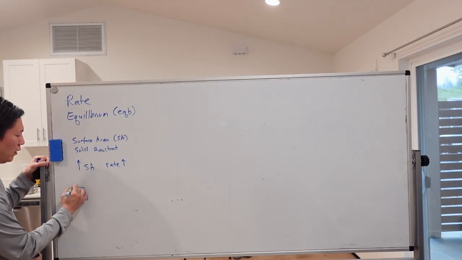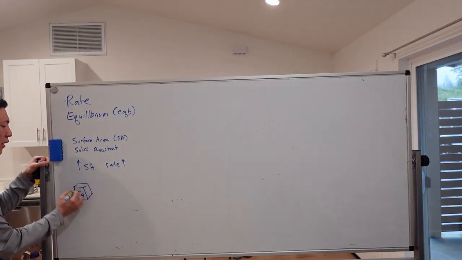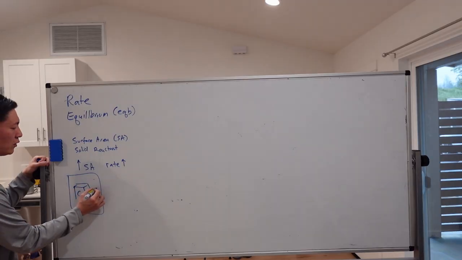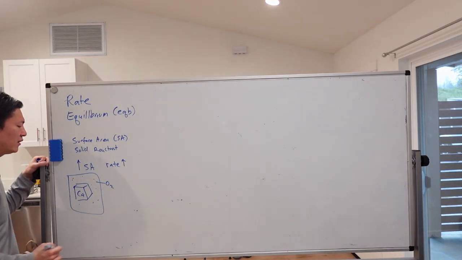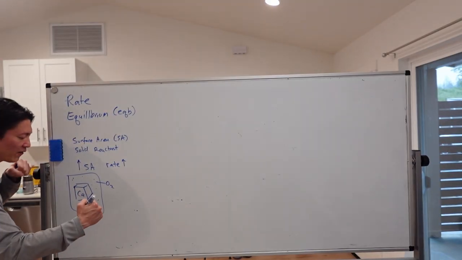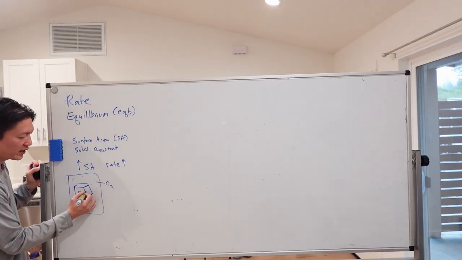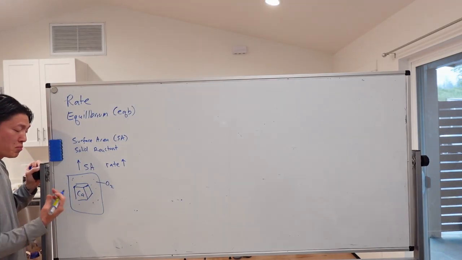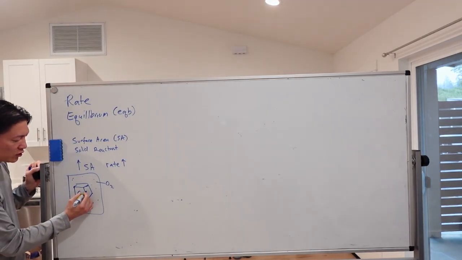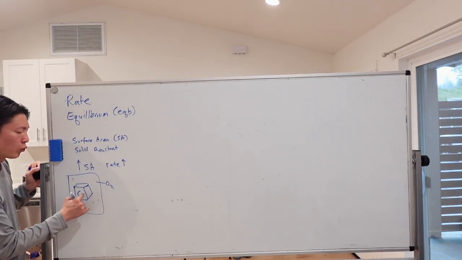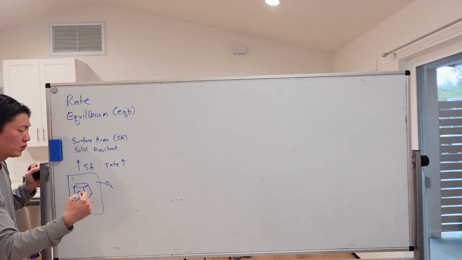a big block of solid calcium in a container with excess amounts of oxygen gas, O2 gas, and these O2 gas particles have to collide with the surface sites of calcium. This is a solid piece of metal, so it's big, you can see it, meaning that there's a lot of surface sites or surface atoms that O2 can collide with.